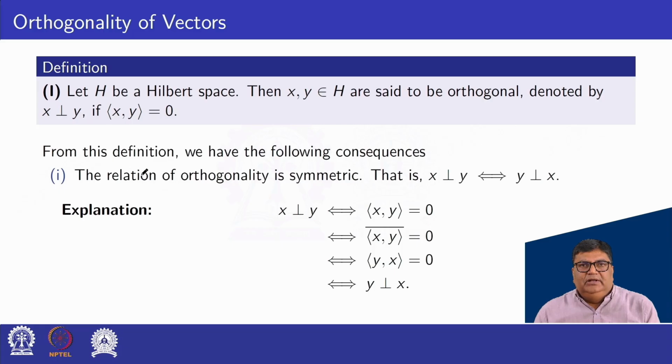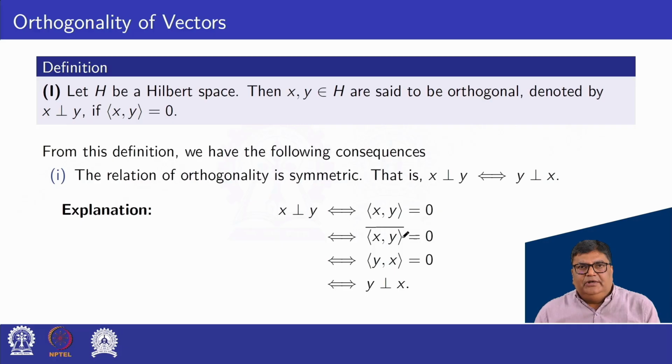First, the relation of orthogonality is symmetric. That is, x perpendicular y if and only if y perpendicular x. Explanation. x perpendicular y means the inner product of x, y is equal to 0.